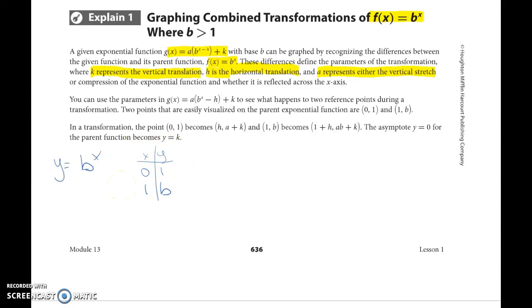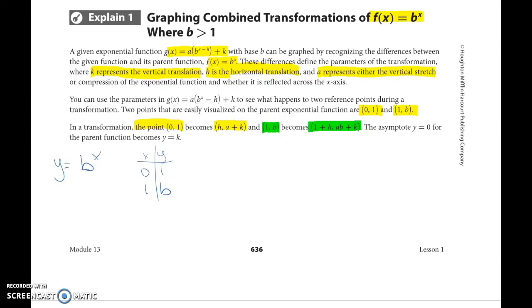So if we look for the points (0, 1) and (1, b), let's see what they're saying. In a transformation, you take the point (0, 1) and it becomes this, and then (1, b) becomes this.